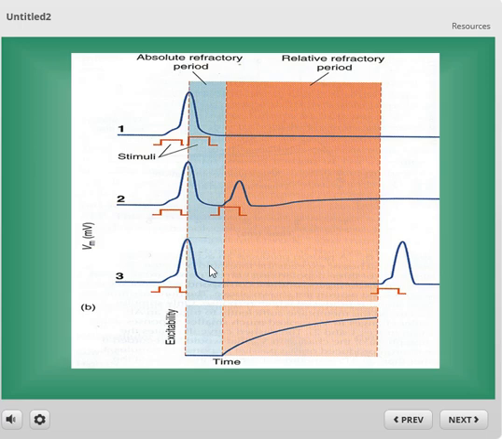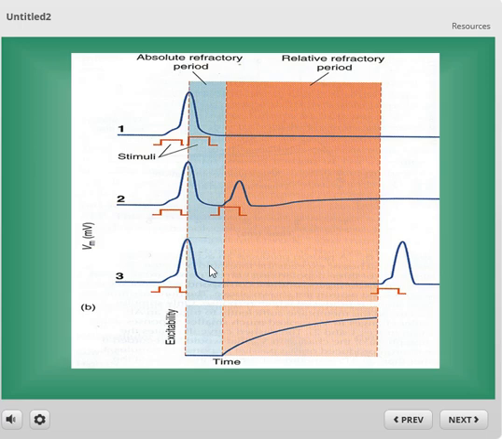So refractory periods are essential for the proper functioning of the neurons, ensuring that action potentials are generated in a controlled manner.